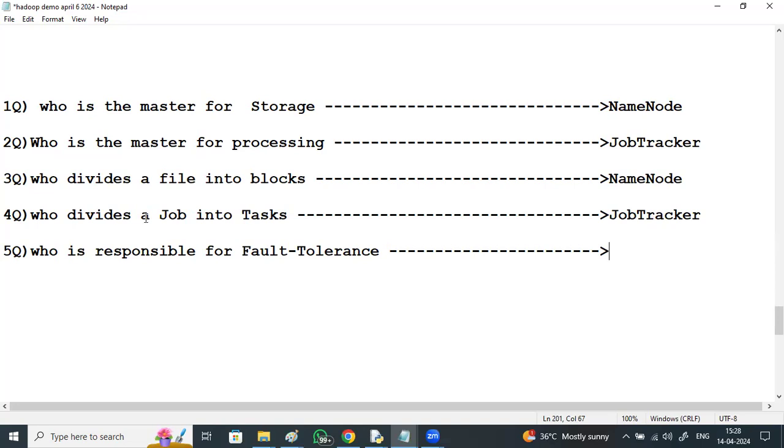Fault tolerance means if any task has failed, the task will be assigned to another task tracker, by whom? Job tracker.